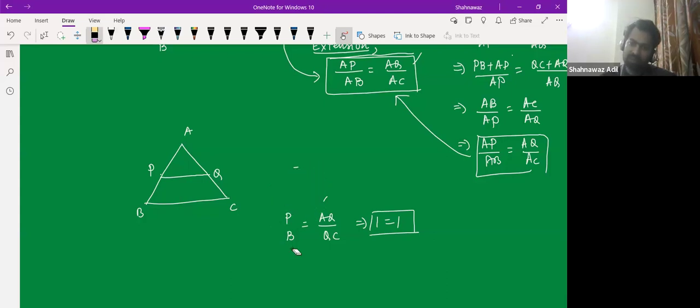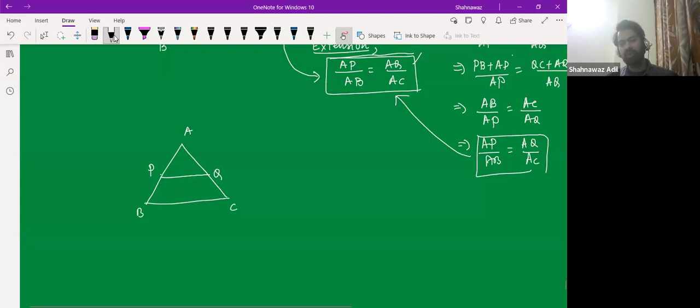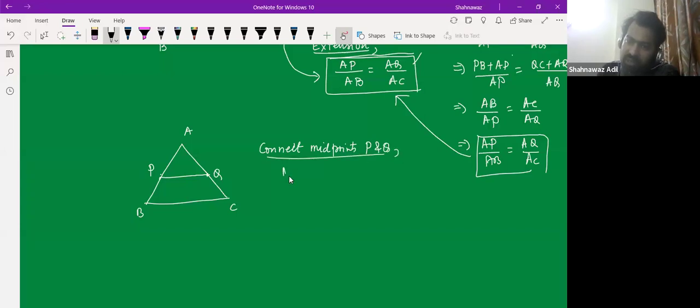So the midpoint theorem was that if these are the midpoints and we connect the midpoints P and Q, then PQ would be parallel and equal to half of BC. Do you guys remember this?